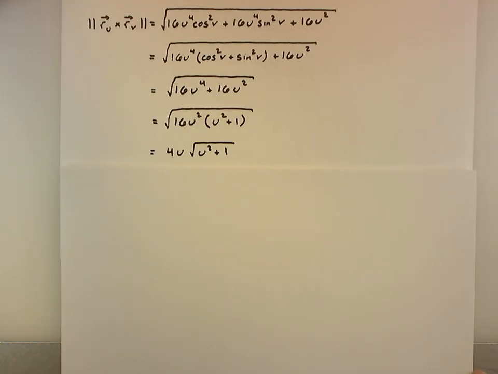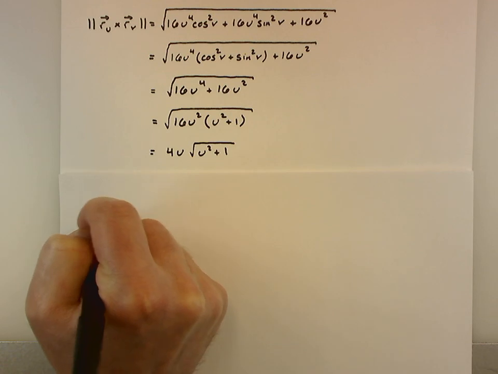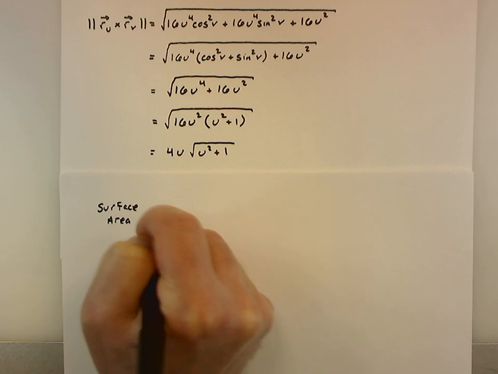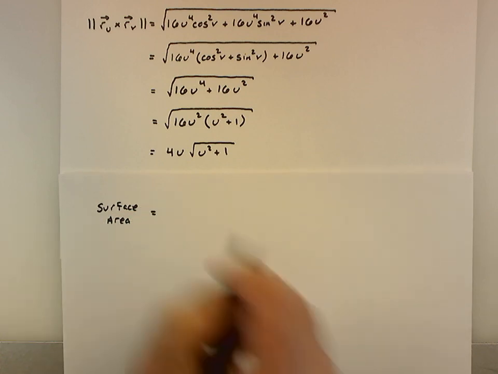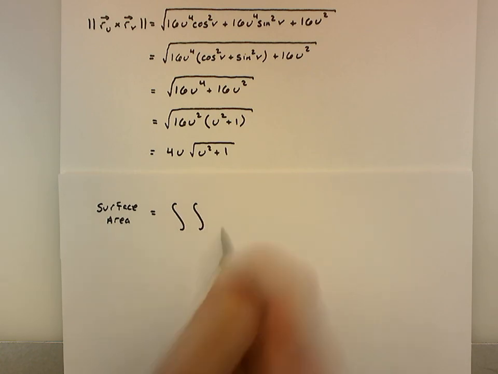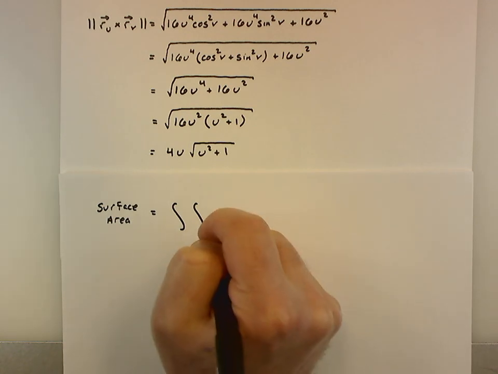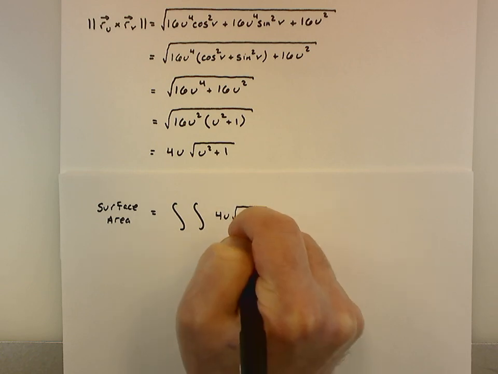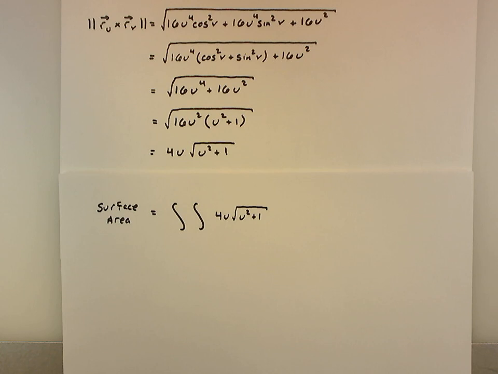I'll set up the formula to calculate the surface area. So surface area is equal to the double integral of 4u times the square root of u squared plus 1.